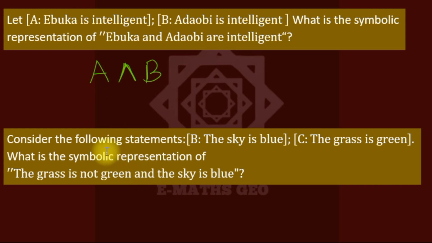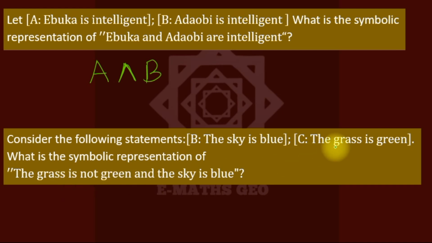Why this one? They say consider the following statements. B is the statement the sky is blue. C is the statement the grass is green. They now ask us what is the symbolic representation of "the grass is not green and the sky is blue."